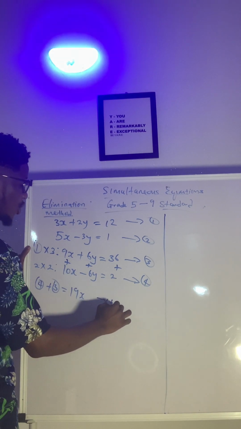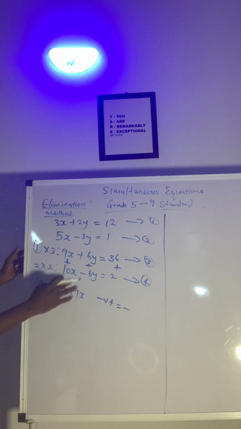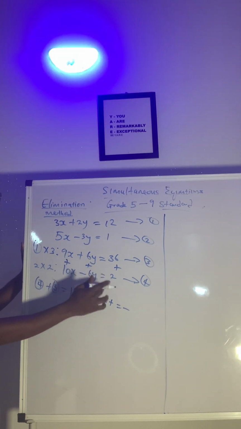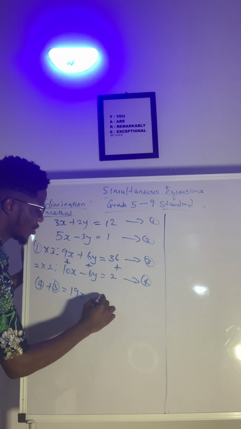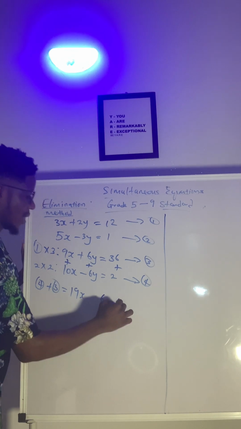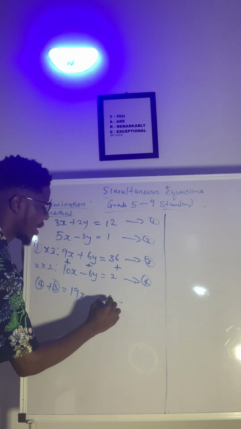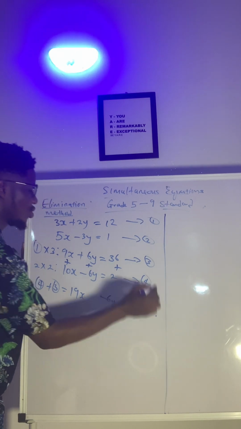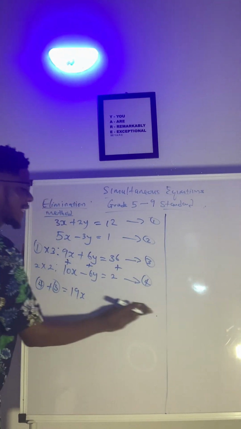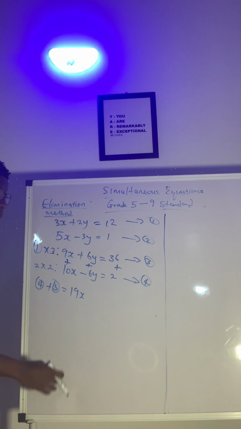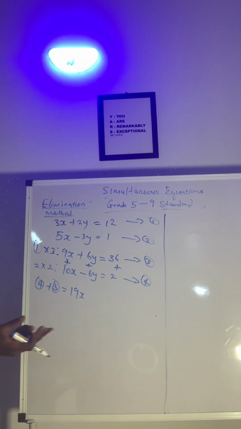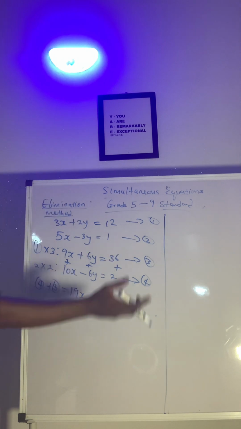Negative times positive gives me negative, so it will still remain negative 6y. Negative 6y plus positive 6y is what? 0. In our next class, we should talk about the signs: the multiplication of signs, division of signs, subtraction of signs, and even addition of signs. We'll talk about that in the next class.